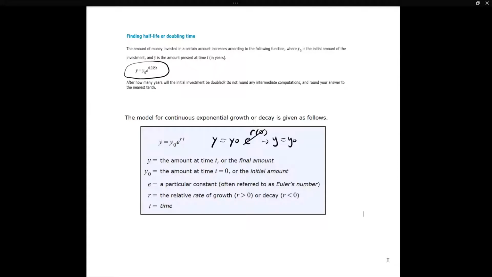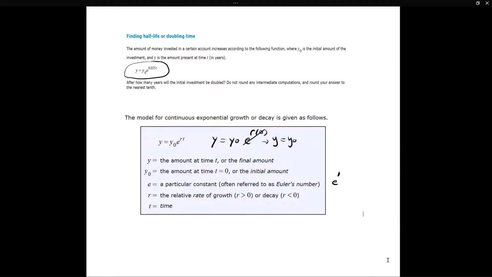e is a particular constant, an irrational number, and you can find it on a calculator. You get that number value. You're not supposed to round it, just use it directly in the calculator, because it's a non-terminating number.